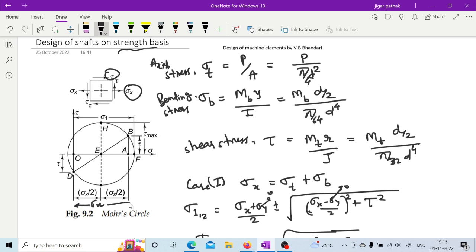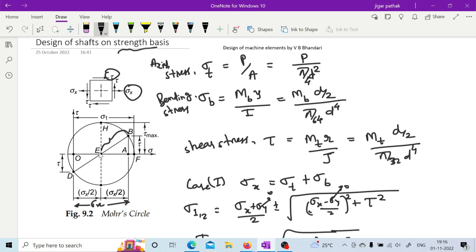From that point you mark this particular tau. Then you join the two points, here point B and point D, take EB as radius, and plot the circle. When you do this you will get your Mohr circle.